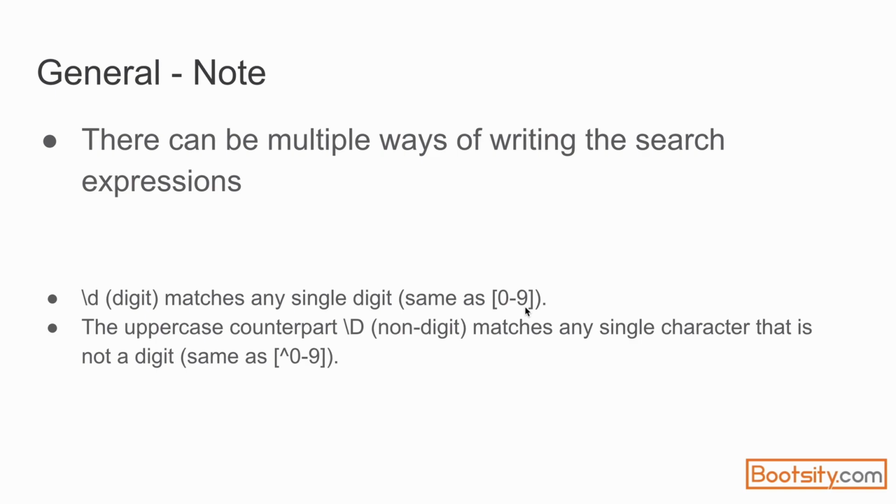We will learn these constructs in the upcoming videos. The uppercase counterpart of /d can be used to match any single character that is not a digit, same as caret 0 to 9. How these are denoted, or what is the meaning of these braces, we will learn in the upcoming videos.